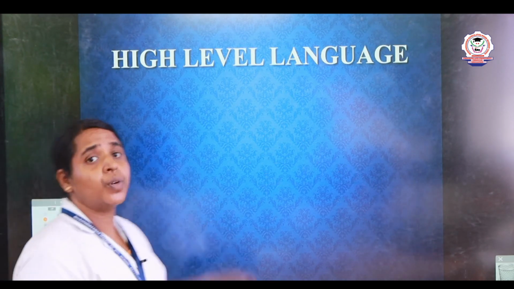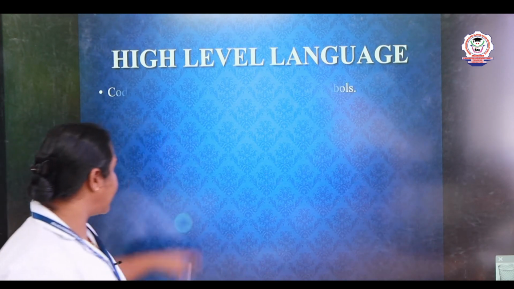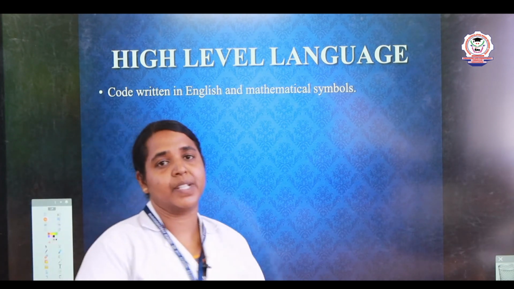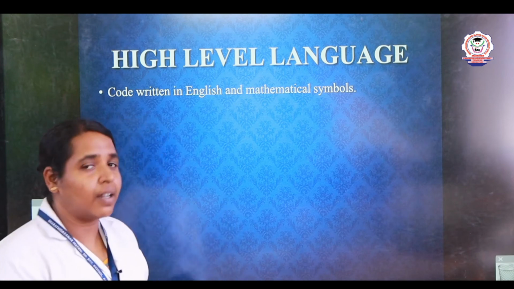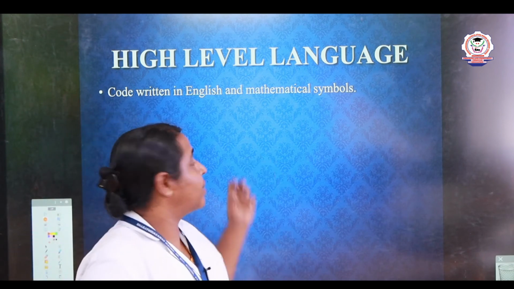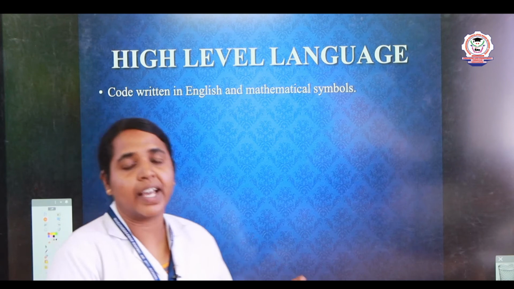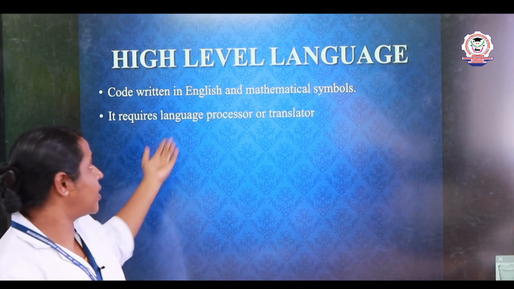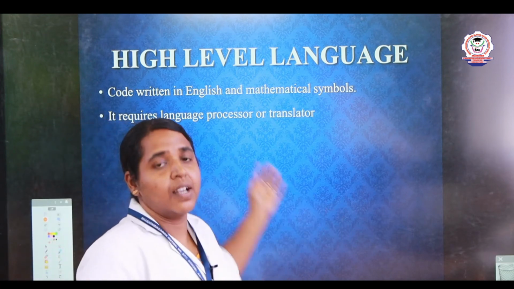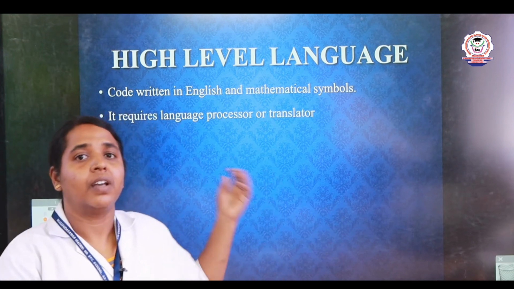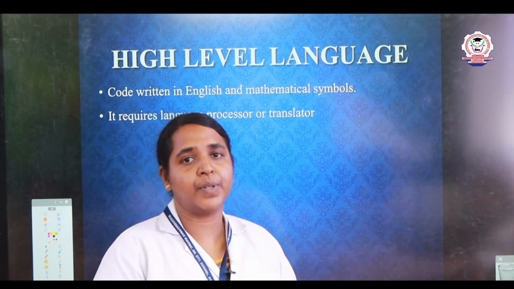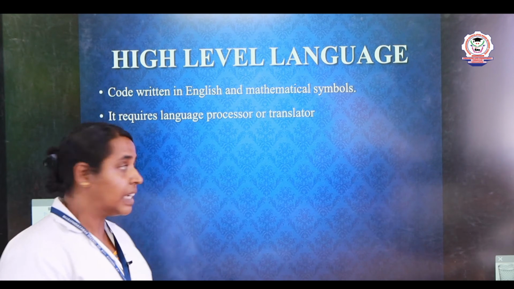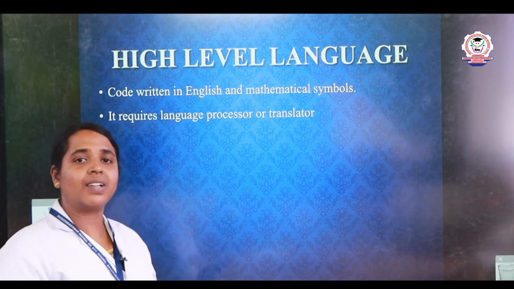Next, we are moving to high level language. What is high level language? Codes written in English and mathematical symbols. So, we use English words and mathematical symbols to write high level language programs. It requires a language processor or translator. The computer cannot understand English letters or numbers, so for that we need a processor or translator.